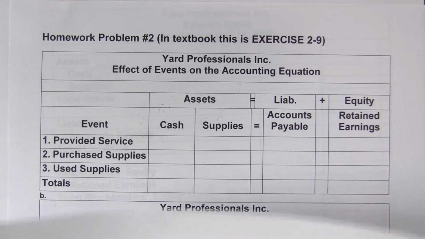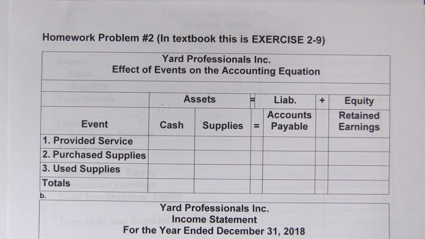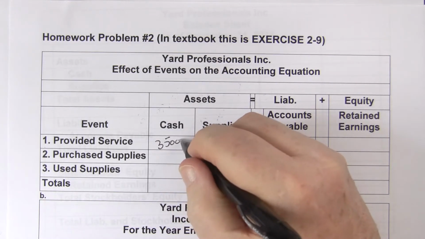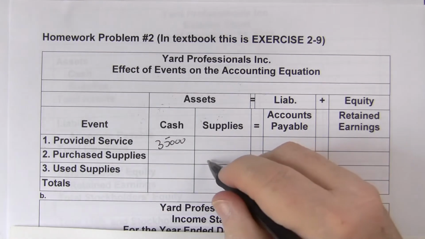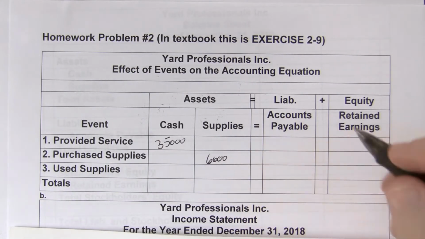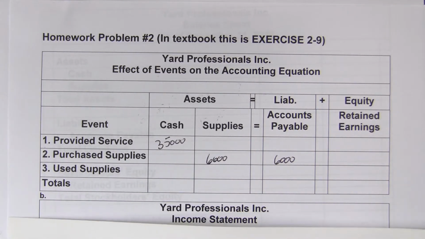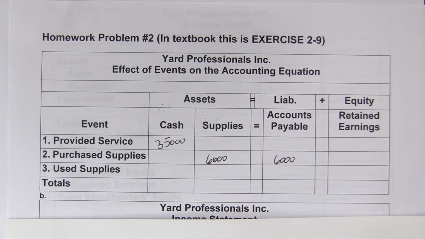Okay, so they provided services for cash. That's revenue, $35,000. They purchased supplies on account, $6,000 on account that they didn't pay them yet. That's an asset and a liability.